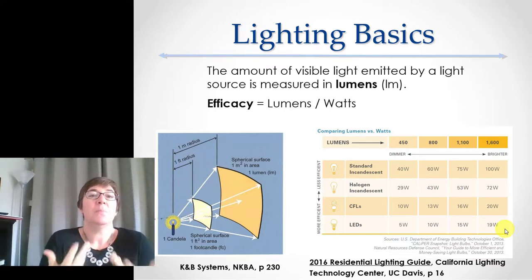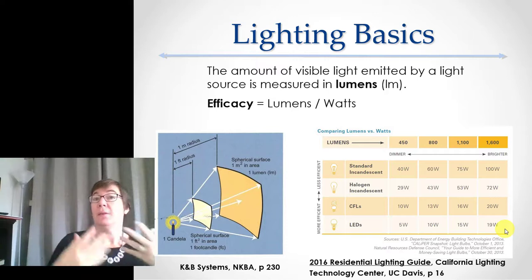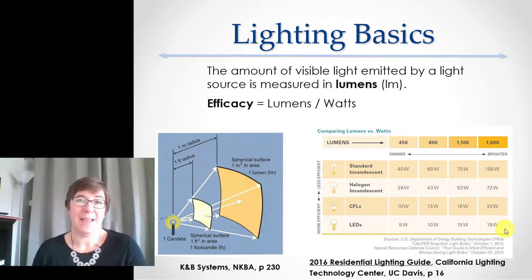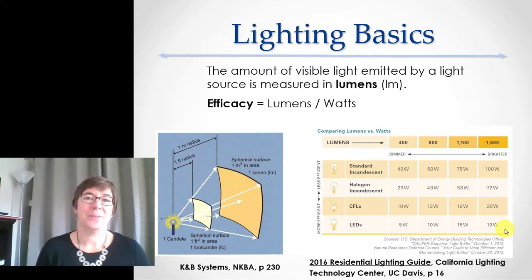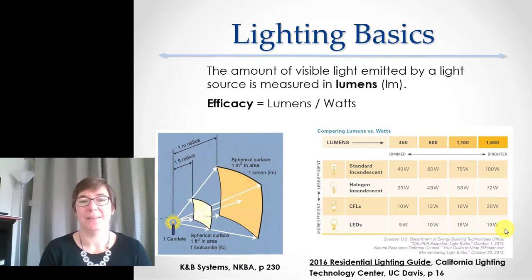It produces more lumens using the same amount of energy. Or if you're trying to produce the same amount of lumens, it actually uses less energy, right? So those are a couple of terms that you need to know in order to intelligently talk about your different lighting sources.